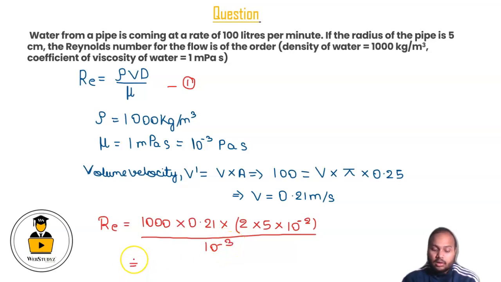Calculating all these, we will get 2.1 into 10 to the power 4.